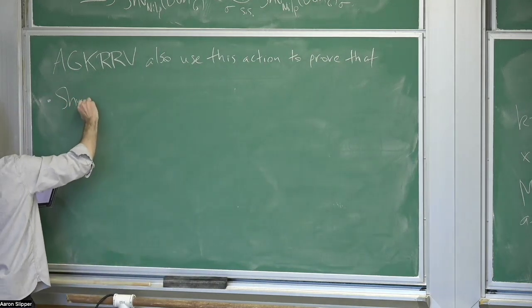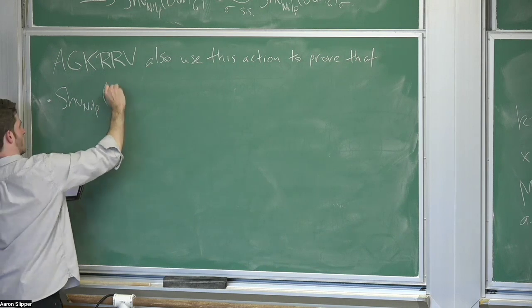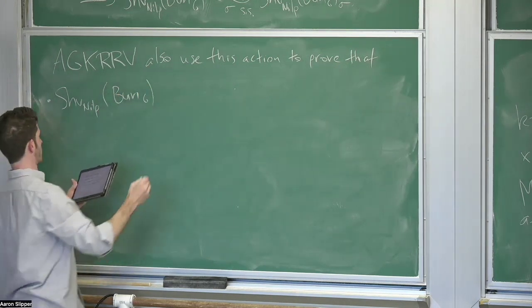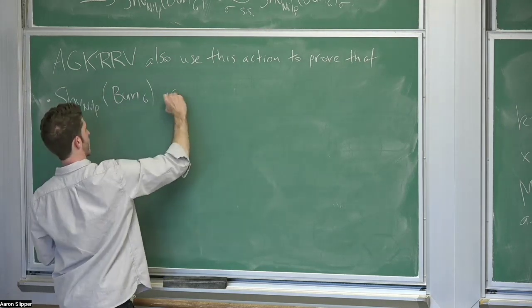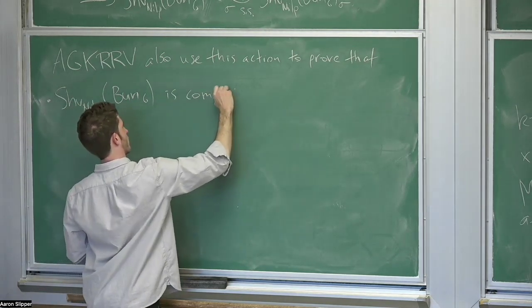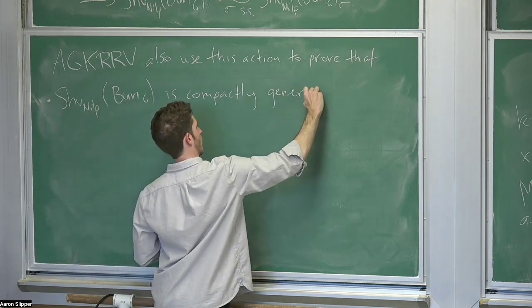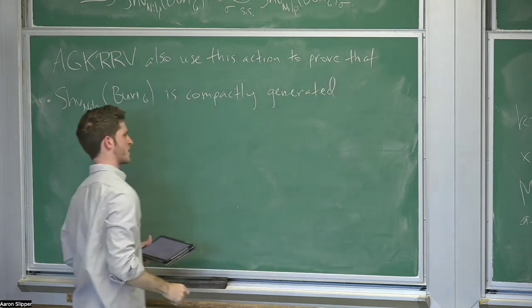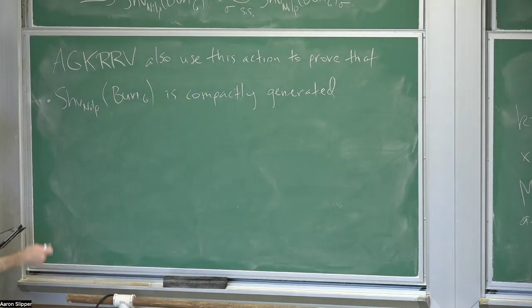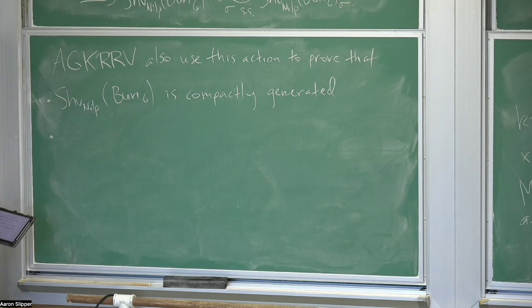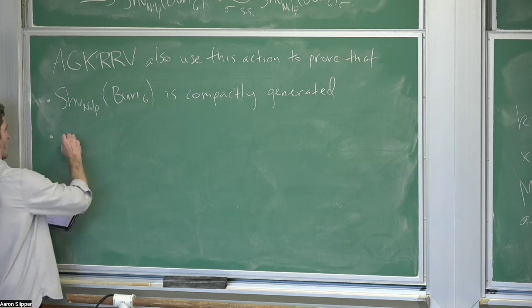So a couple of these things I already alluded to. One is that Sheaves null is compactly generated. And the kind of keyword here is the valence of a spectral projector, elaborated on later in the seminar. So this goes into the proof that this category is compactly generated.